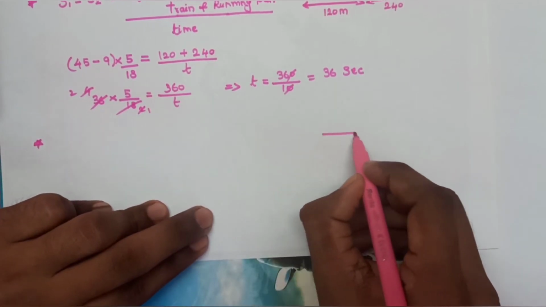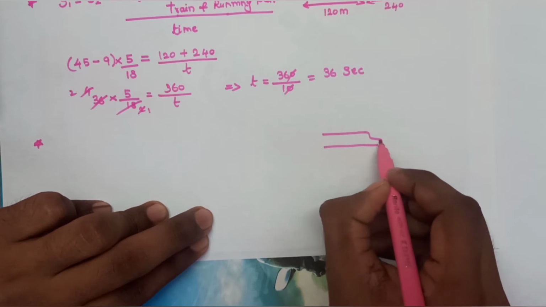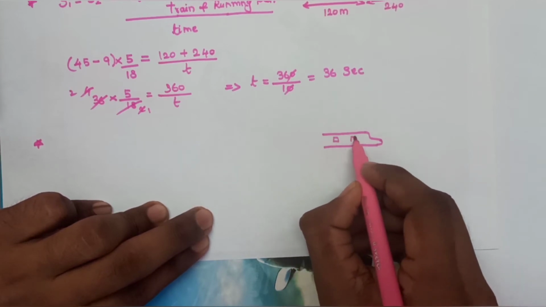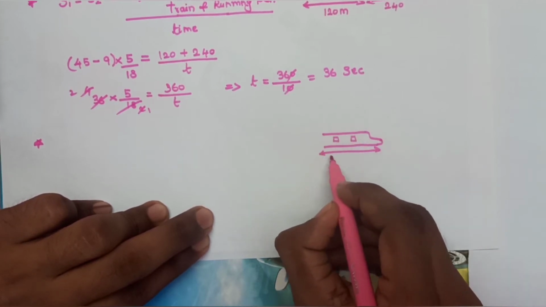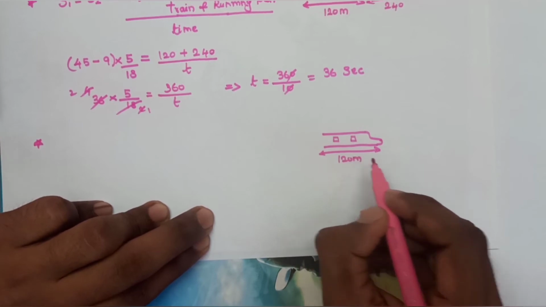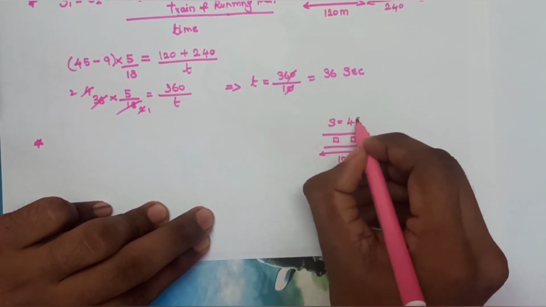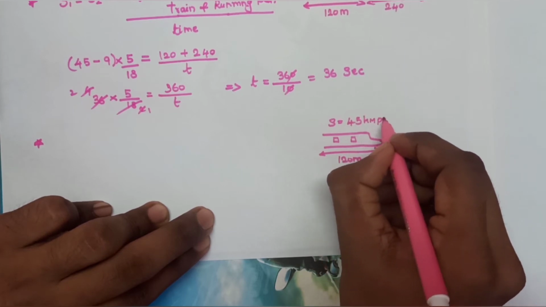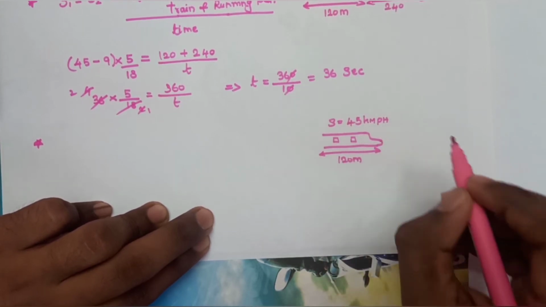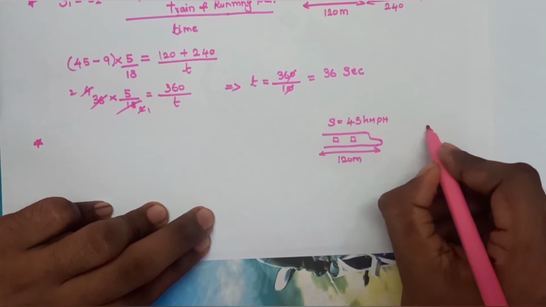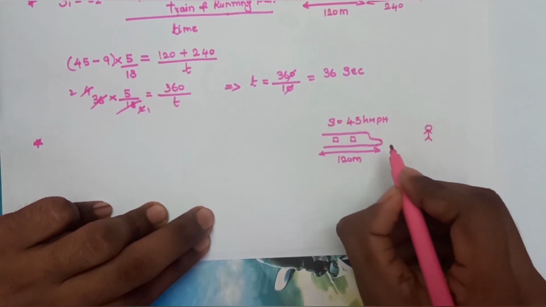If the question be like a 120 meter long train running at a speed of what? 45 km per hour. A man standing 240 meter ahead from the engine.